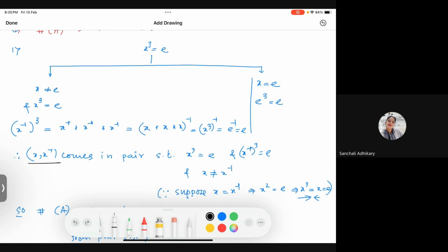There are an even number of elements, because if x comes, then x inverse cube is also identity, and they are not equal. And if x is equal to identity, then e cube is equal to identity, so e also comes. From the pairs I get an even number of elements, and for identity I get one extra element. So there are an odd number of elements.